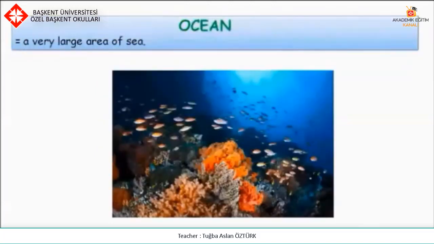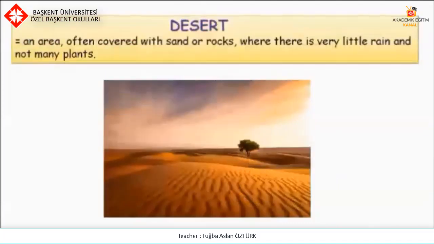Ocean, a very large area of sea. Desert, an area often covered with sand or rocks, where there is very little rain and not many plants.